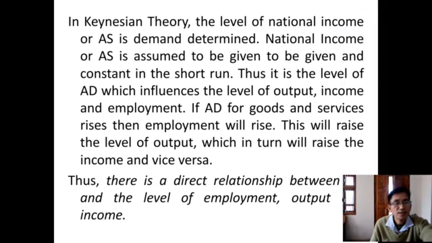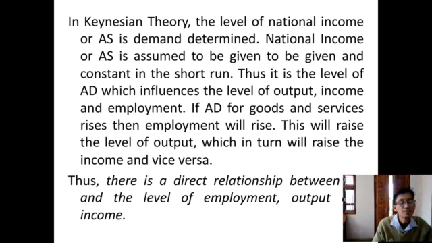In Keynesian theory, the level of national income or AS is demand determined. So national income or AS is assumed to be given and constant in the short run.